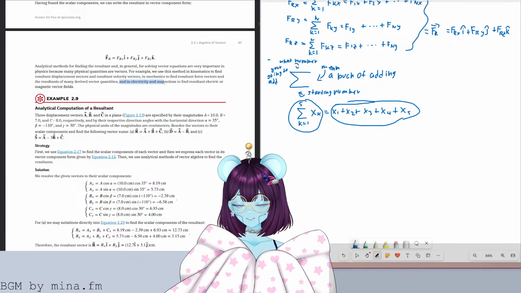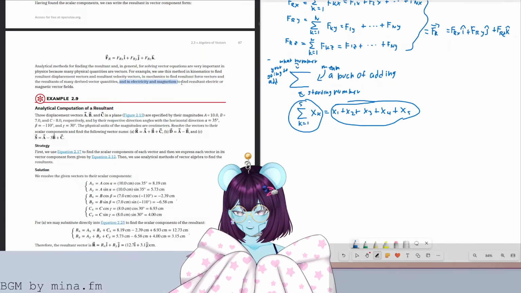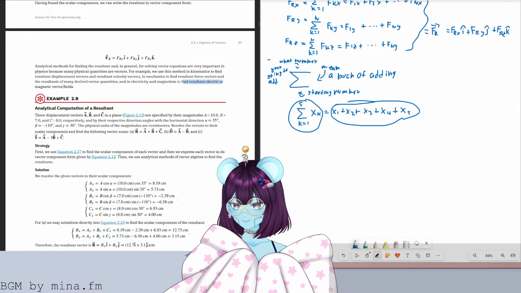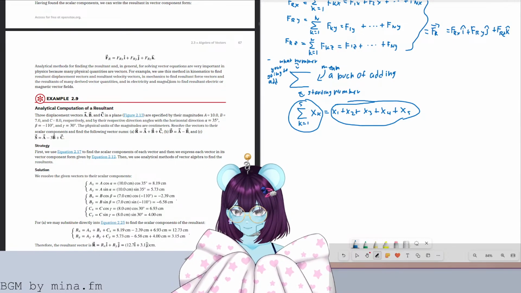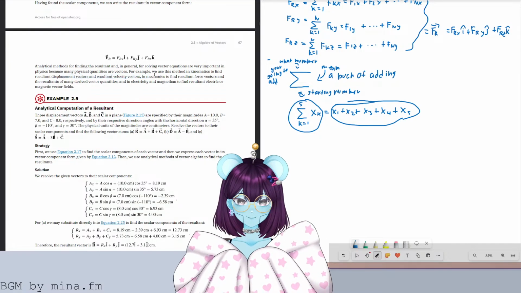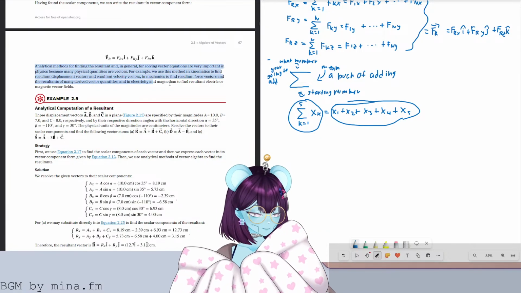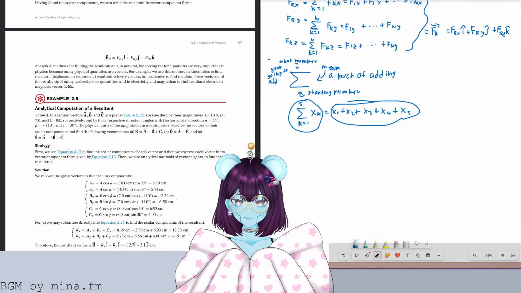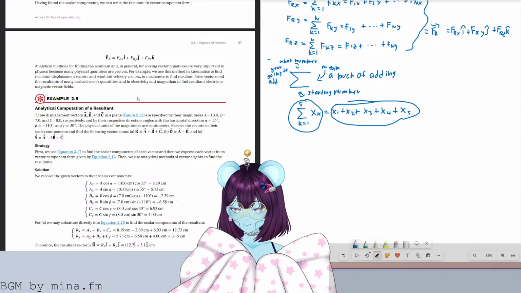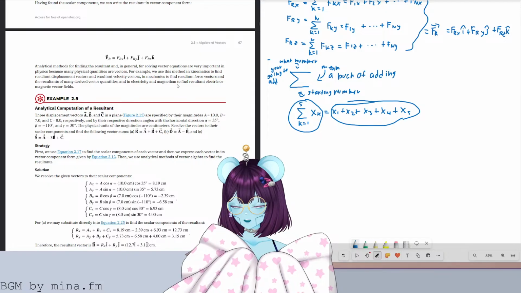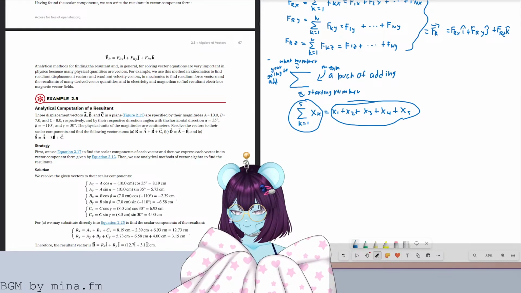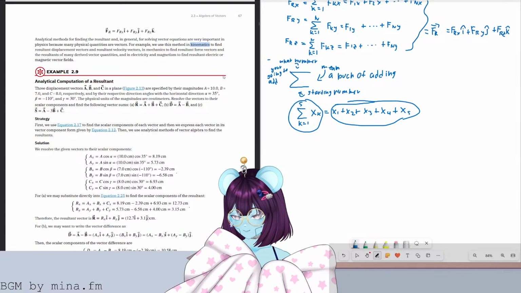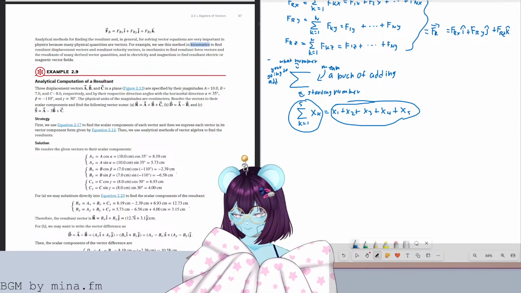In electricity and magnetism, to find resultant electric or magnetic vector fields. So basically, you can use vectors to describe a lot of things, and it's good to be able to add them together to represent a value. It can be used in electricity and magnetics, as well as kinematics. I'm bad at kinematics, and yet we are here learning kinematics.